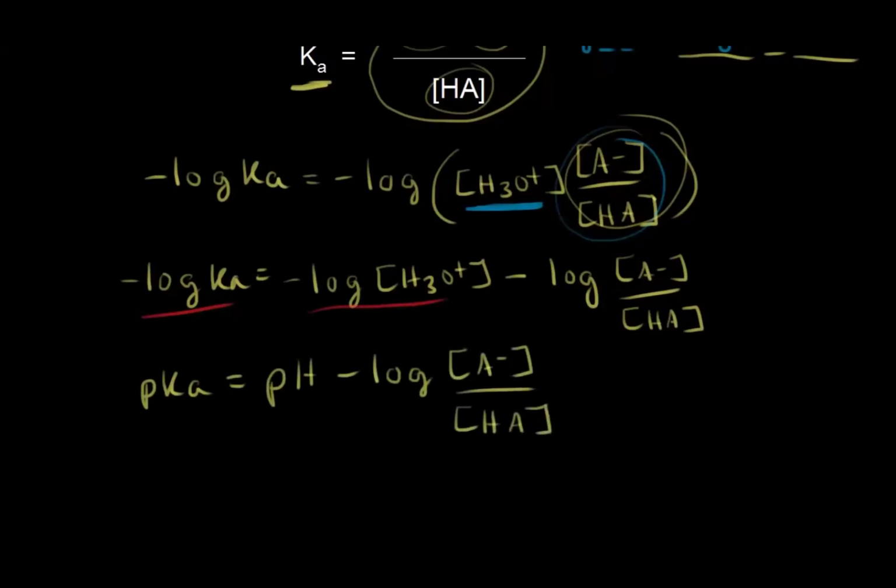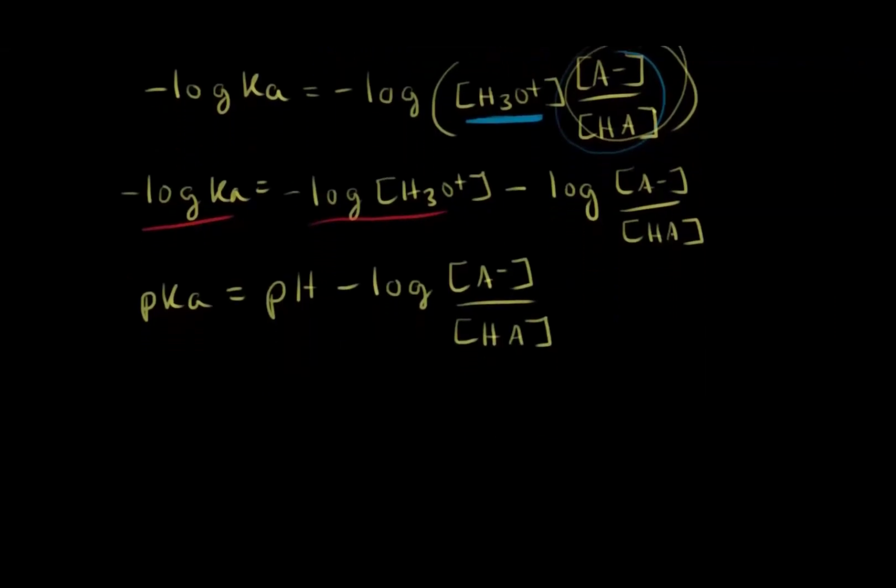And so we can rewrite this for our final equation, solving for pH. pH is equal to pKa plus the log of the concentration of A minus over the concentration of HA here.